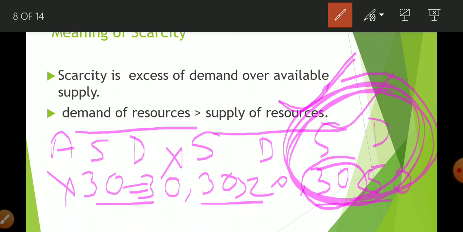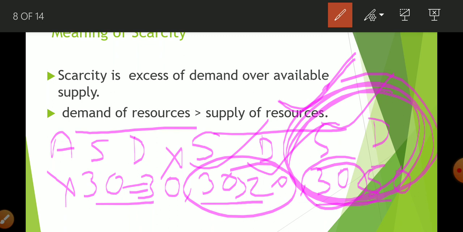If you talk only about water, for water we have this condition: the supply of water is more compared to its demand, because 75% of the earth is water.